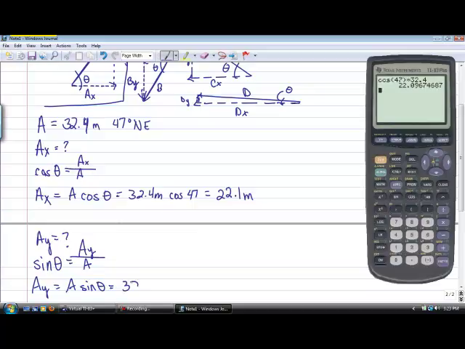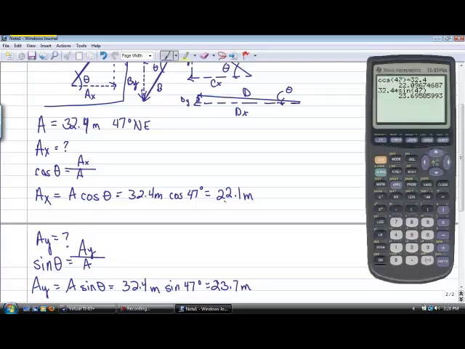A is 32.4 meters times the sine of 47 degrees. And I get 23.7 meters.